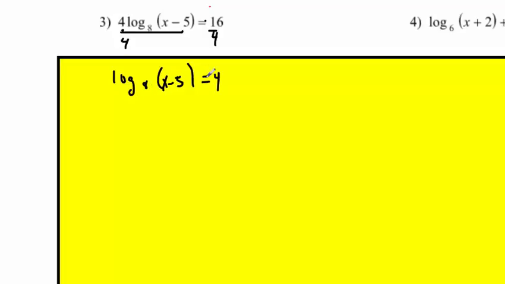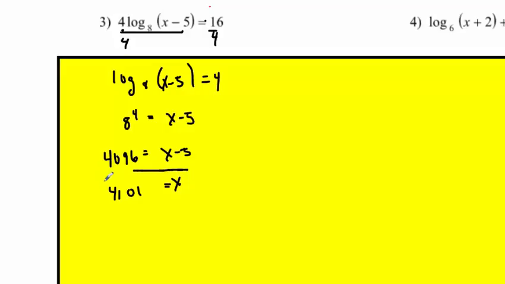And for all log functions, we know that it's the same as the inverse of the exponential. So I can write that as 8 to the 4 equals x minus 5, which 8 to the 4th power would be 4,096 equals x minus 5. Add 5 more, and I get x equals 4101. And there's our answer for 3.